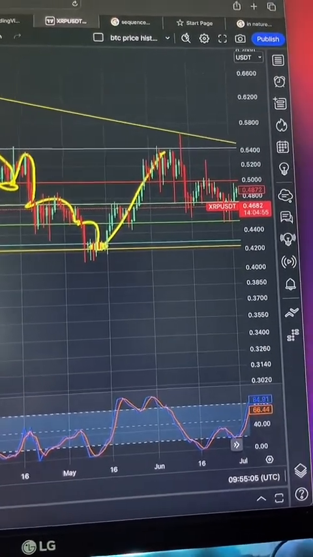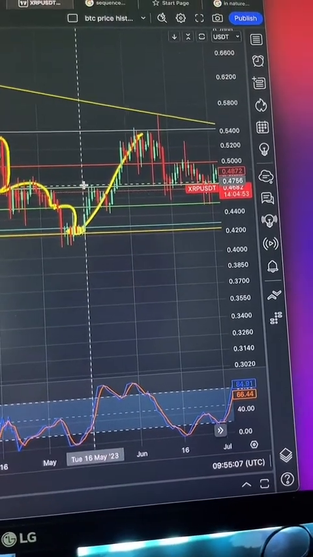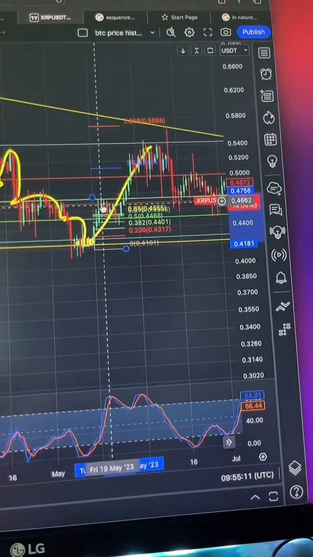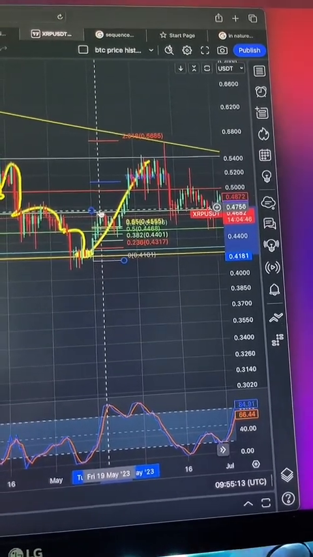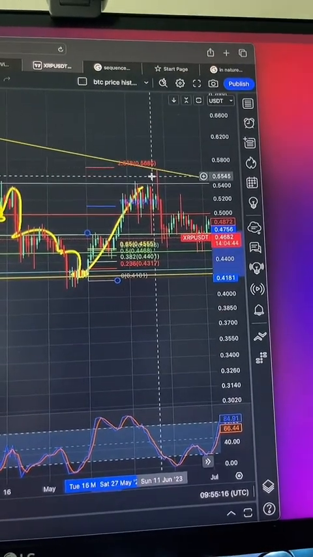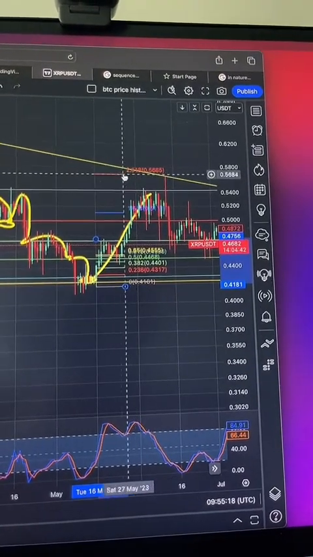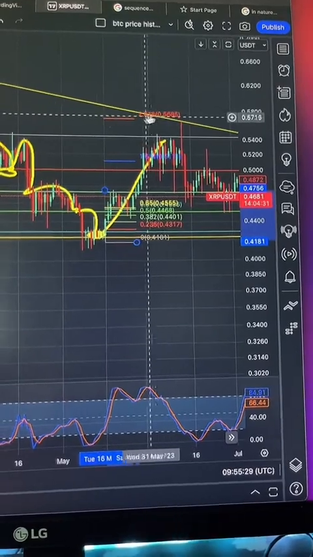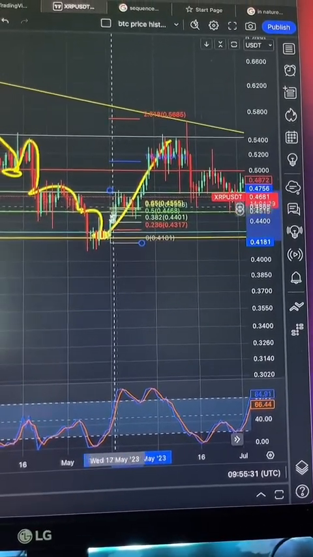So you take your Fibonacci tool and then you measure from that top right there to the bottom. So the bottom of the move to the top of the move. And then you're looking for the 2.618. The 2.618 is this one right here. So that is the top of this impulse move right here.